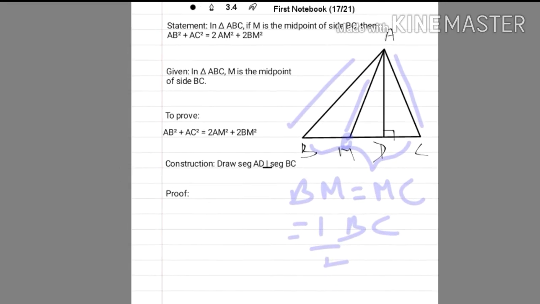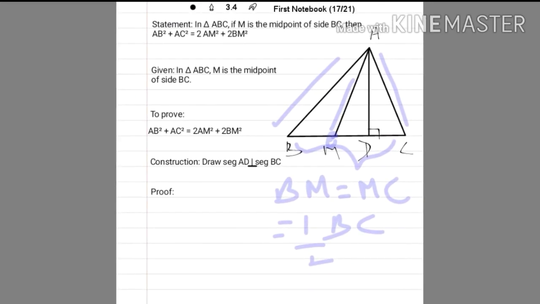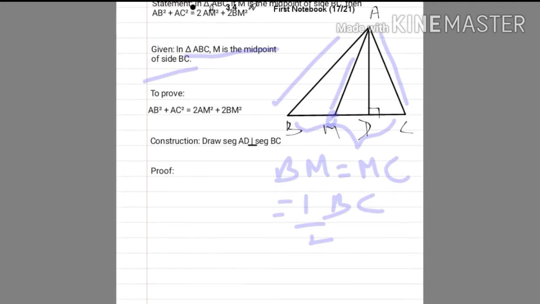This is what we get from the midpoint thing. And the given thing, I have already told you, is that in triangle ABC, M is the midpoint of the side BC. And what we have to prove is AB square plus AC square is equal to 2AM square plus 2BM square. I already told you this.